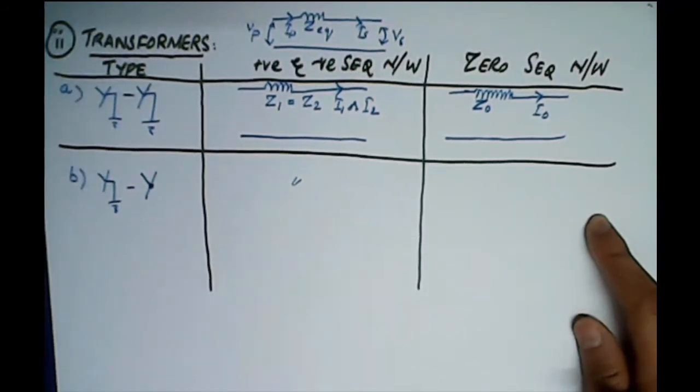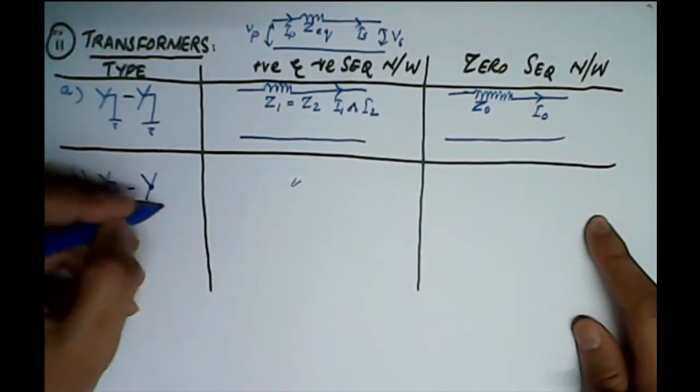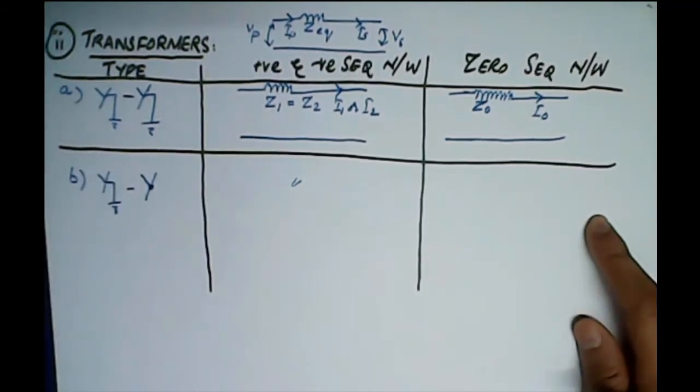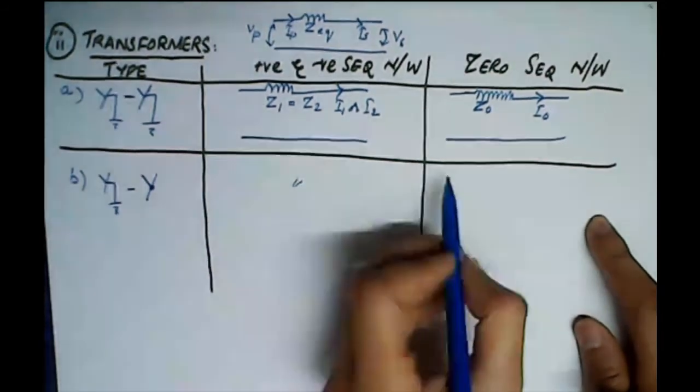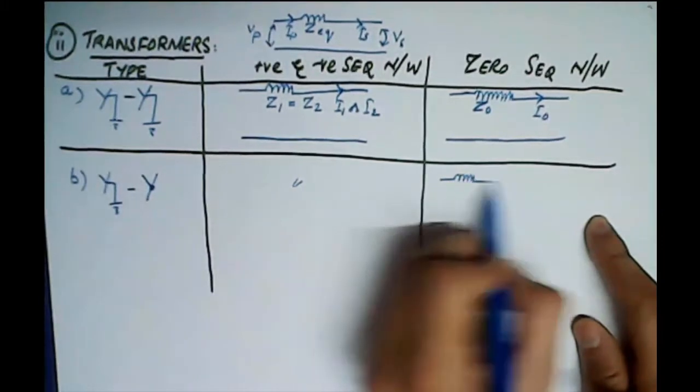Primary side MMF must be equal to the secondary side MMF, and since there is no path for flow of zero sequence current on the secondary side, the overall circuit will be open circuited.